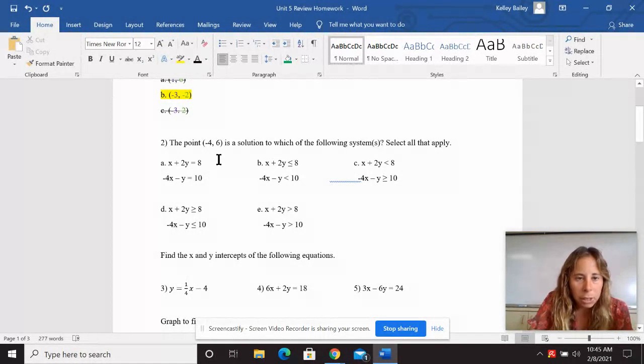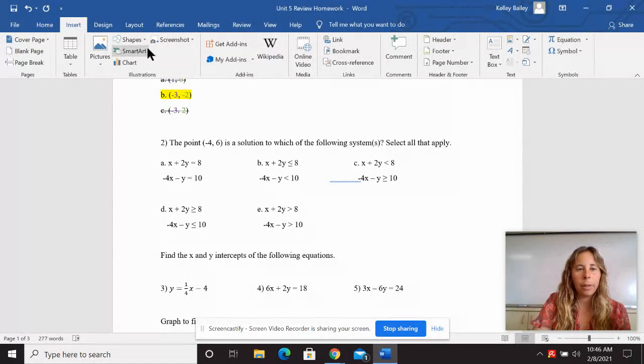So, let's just start out by using A. I'm going to substitute the point negative 4, 6 into my system of equations here.